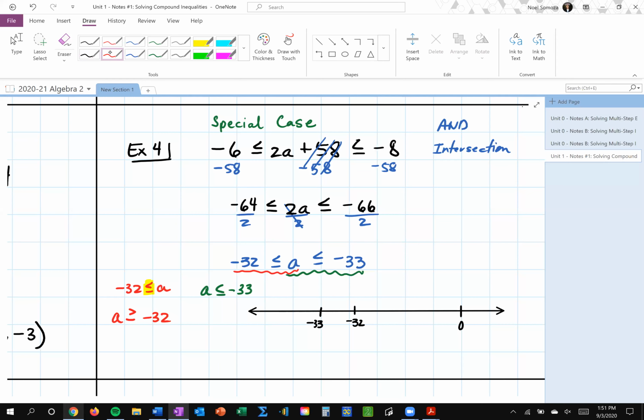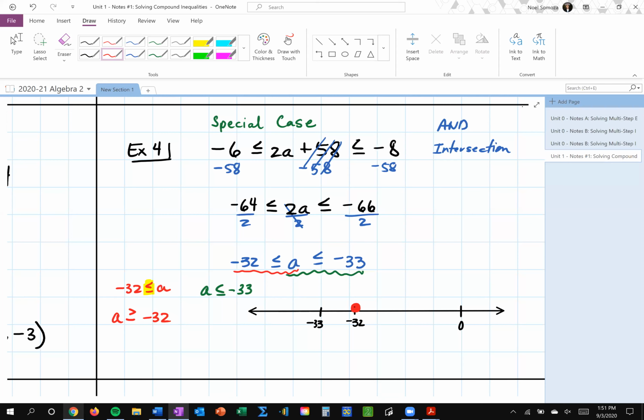If we're at negative 32, I have a closed circle there. And a is what? Where should we shade, to the left or to the right? To the right.